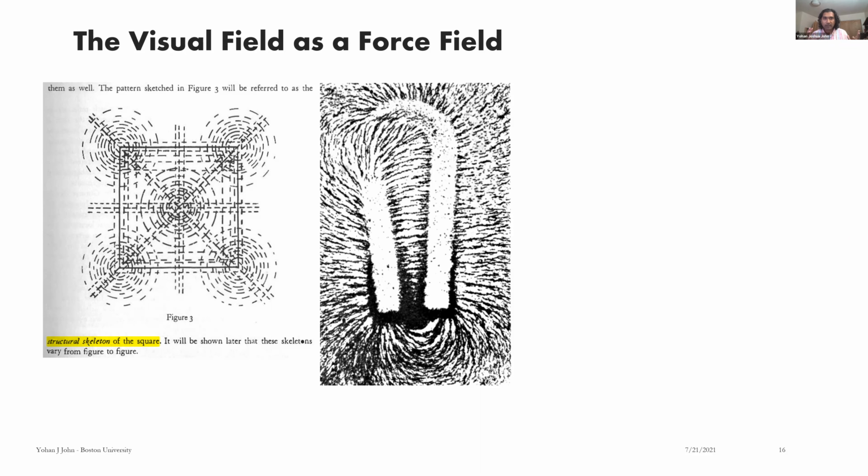They push and pull at each other. They have all kinds of effects, like magnetic fields have on filings and things like that. So when the Gestalt psychologists used the word field, it was still very fashionable, almost coming from the physics world, but it's not the case that it was just a gratuitous use of the word field. They had a specific mechanistic idea, even if the mechanism was not fleshed out.